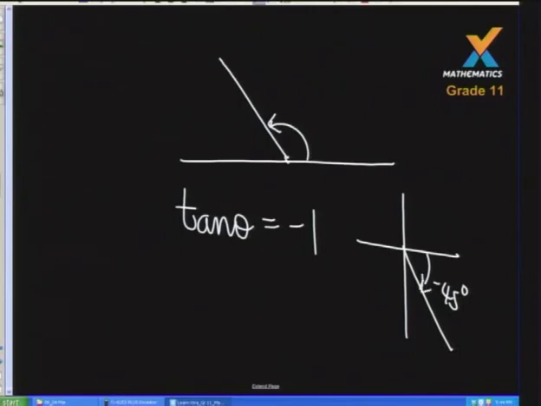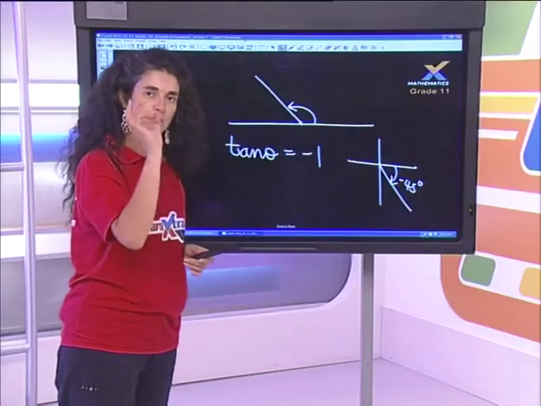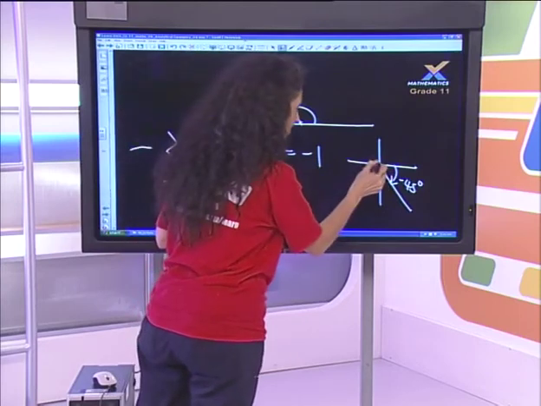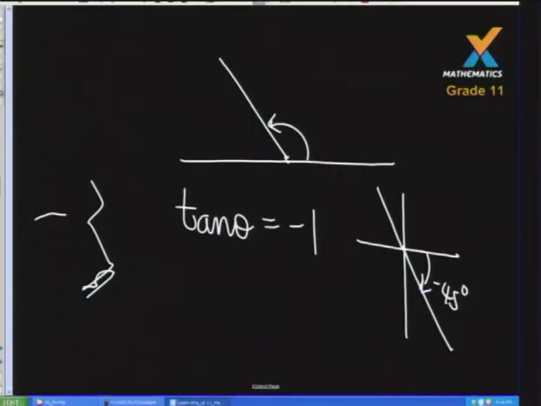Every single ratio that's negative, tan has been programmed to give you that angle in that quadrant. What we're now saying is if we take this line across, then these angles are vertically opposite, so that's also 45, that angle there.